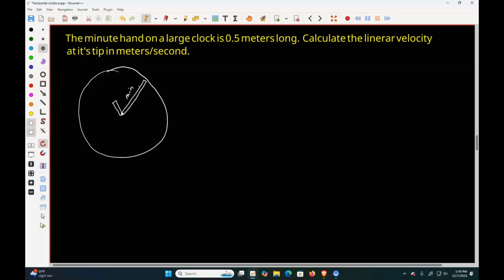We're looking for the linear velocity. The linear velocity is equal to 2 pi r over t. So the velocity is equal to 2 times pi. The radius here is 0.5 meters long. All right, the period. How long does it take for this to make one revolution?